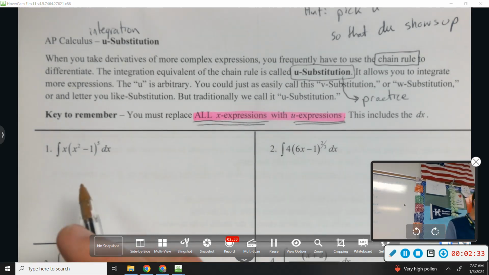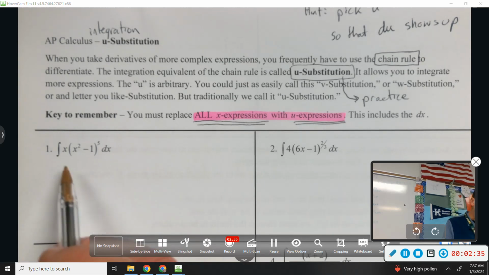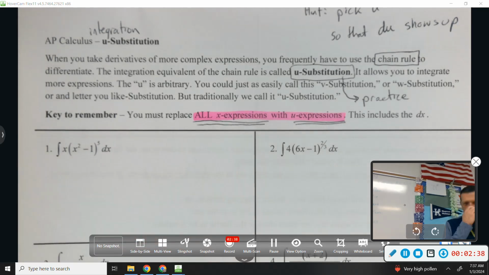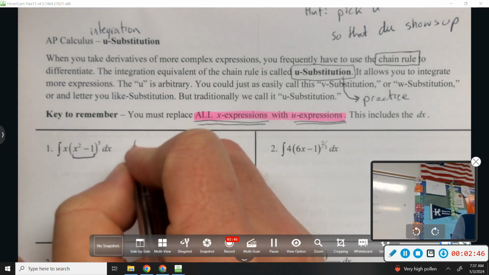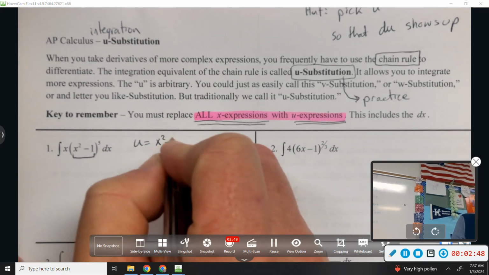So on this first one, x times x squared minus 1 all to the 5th. I'm going to let u be the inside part, x squared minus 1.